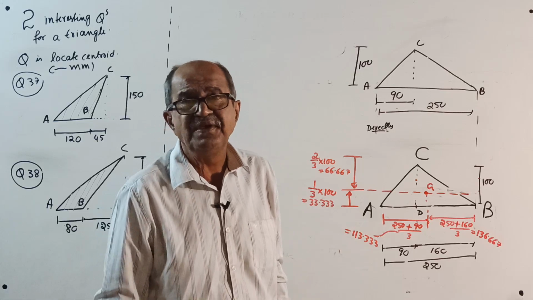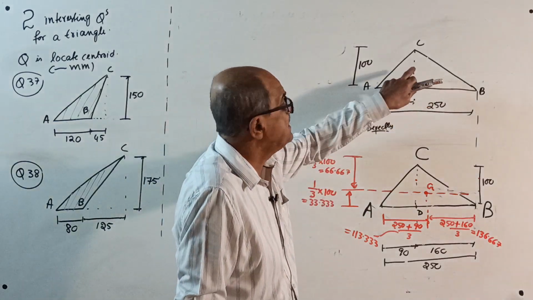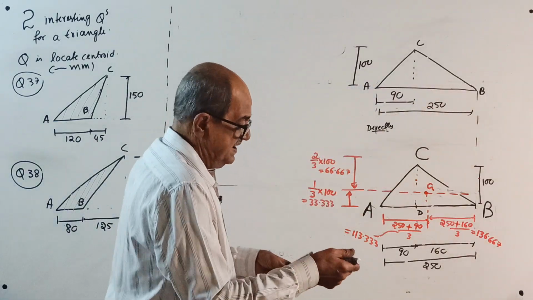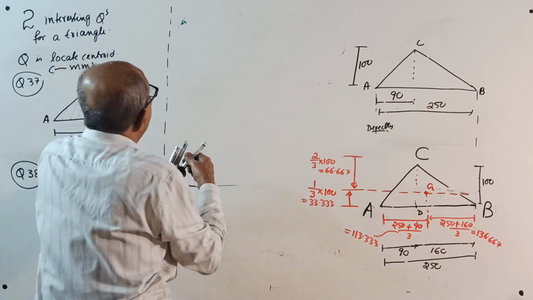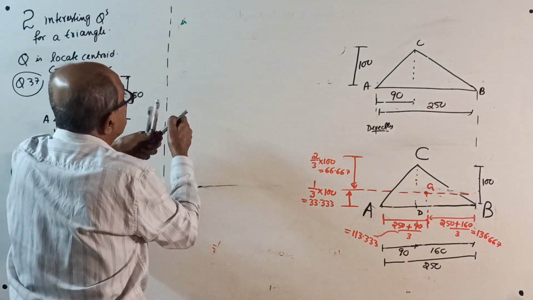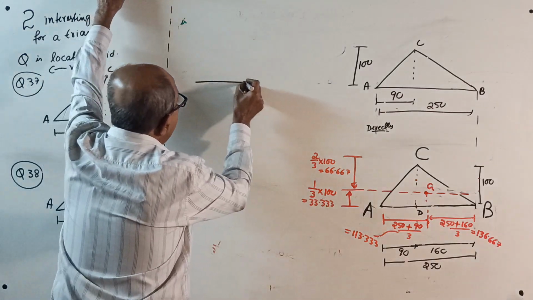So in such cases, you have to divide this triangle into two parts. Write all the statements what I told now. If you are doing moment of inertia purpose, you have to divide into two parts.